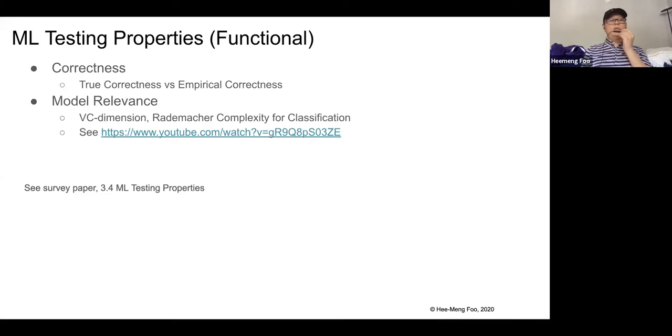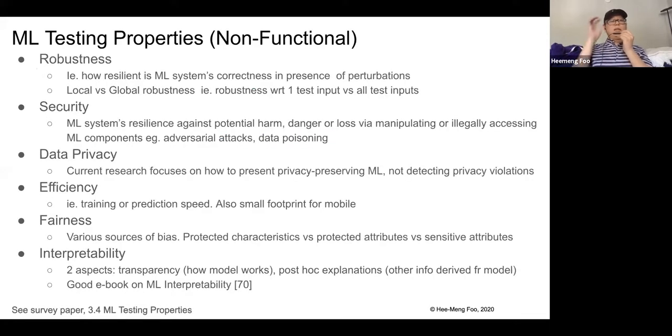And then model relevance. I'm not going to go into this because this is very involved. They talk about this idea called VC dimension as well as Rademacher complexity. Both of these have to do with classification, in particular support vector machines. And then you have robustness. How resilient is your machine learning system's correctness? And then security, what's the resilience against potential harm, and so on.